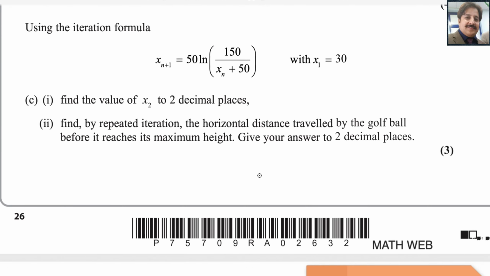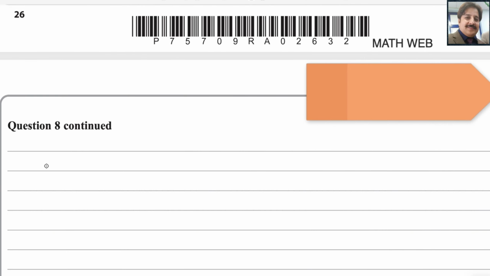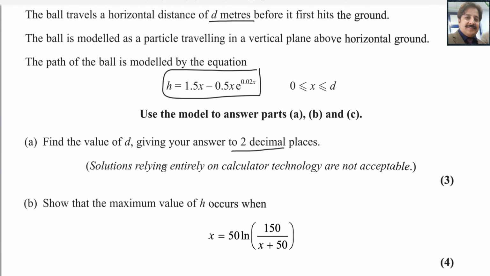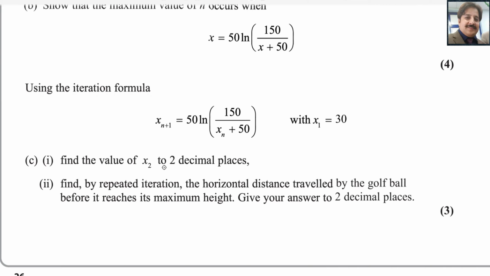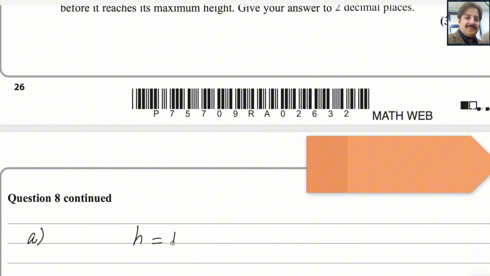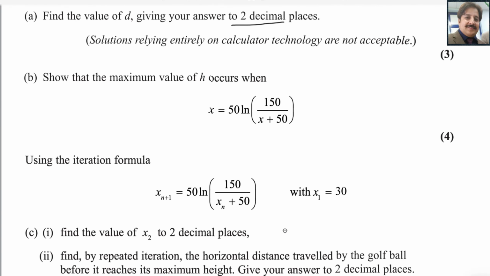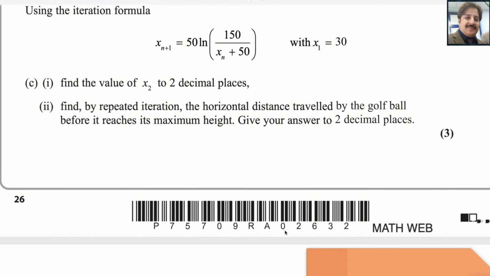Let me write this equation here in the space. For the first part, h equals 1.5x minus 0.5x e to the power 0.02x.